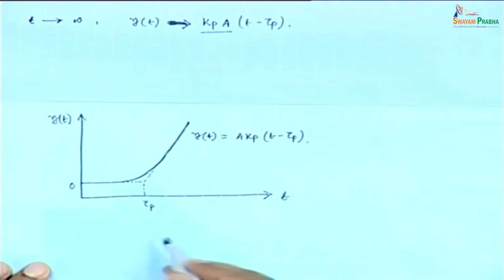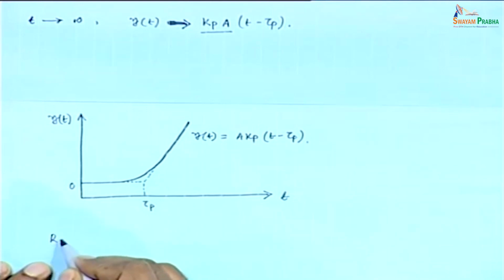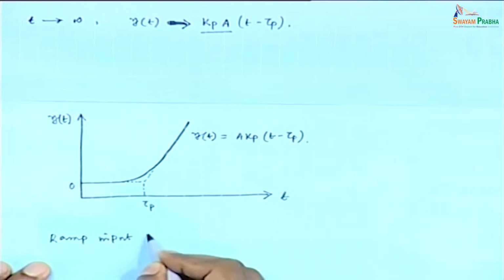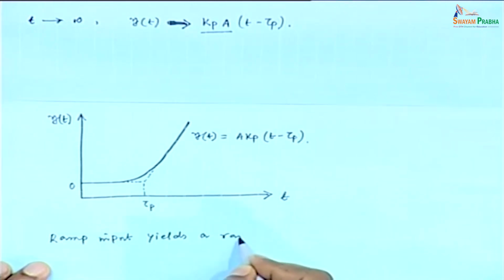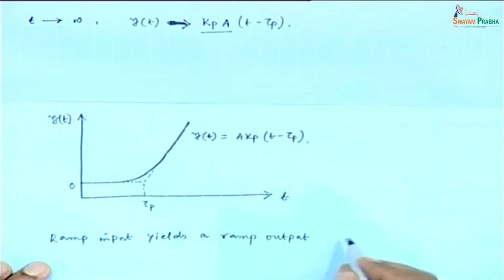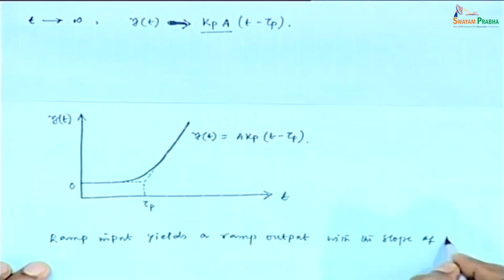So, we can say that the ramp input, as I told, yields a ramp output with the slope of Kp. Fine.